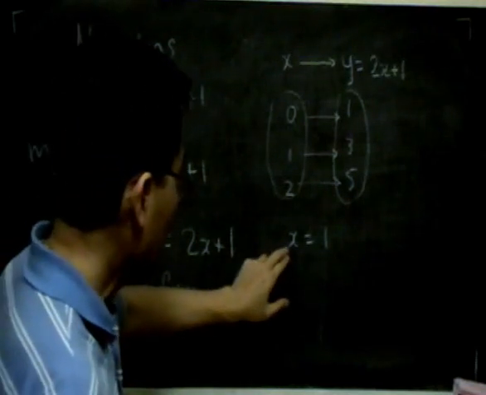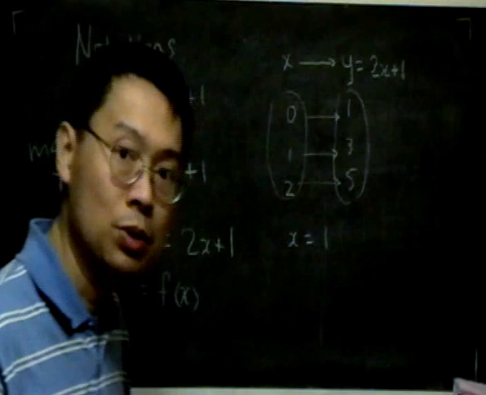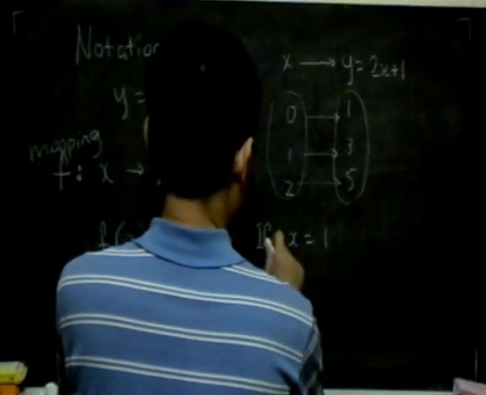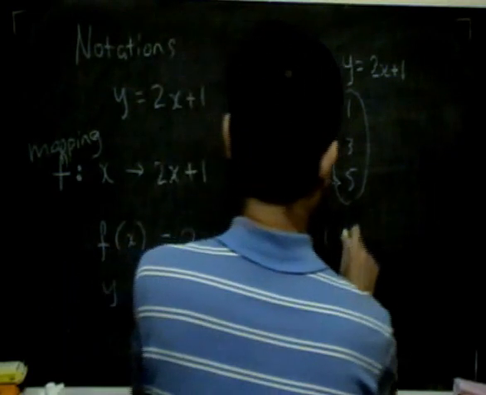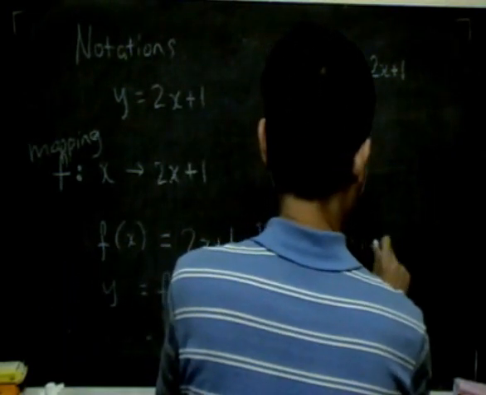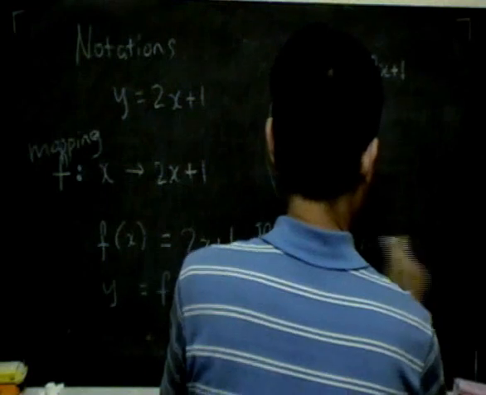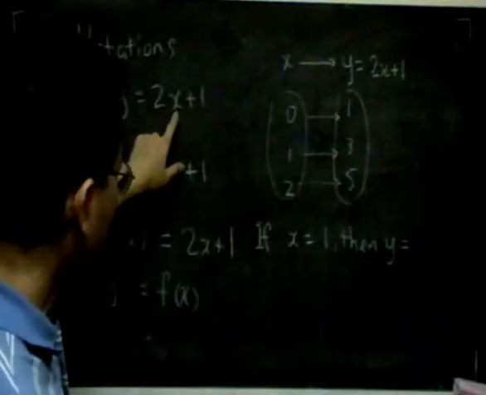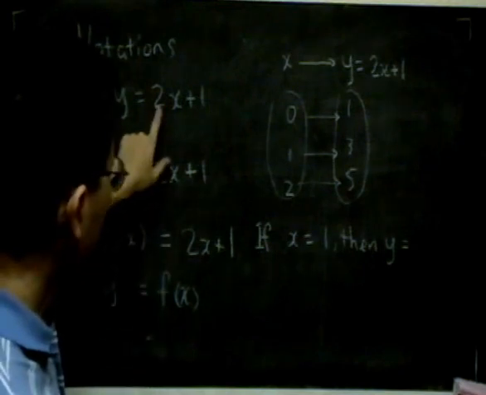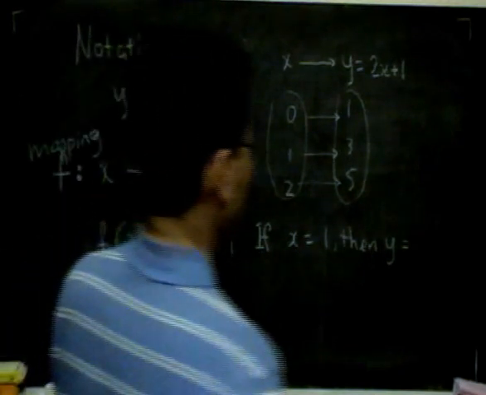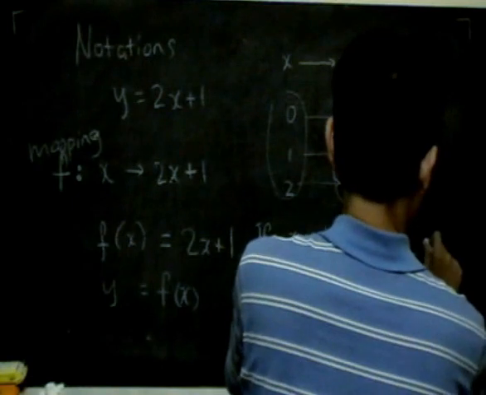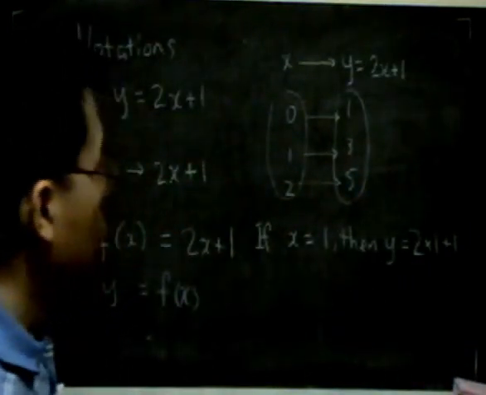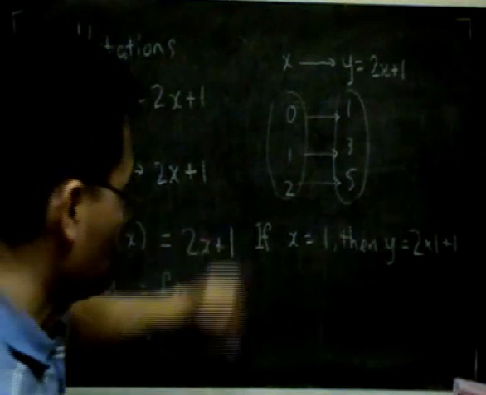If I want to calculate for x equal to 1 and explain this, I would say that if x is equal to 1, then y is equal to, I would substitute this in there, and I would get 2 times 1 plus 1. Okay, 2 times 1 plus 1.